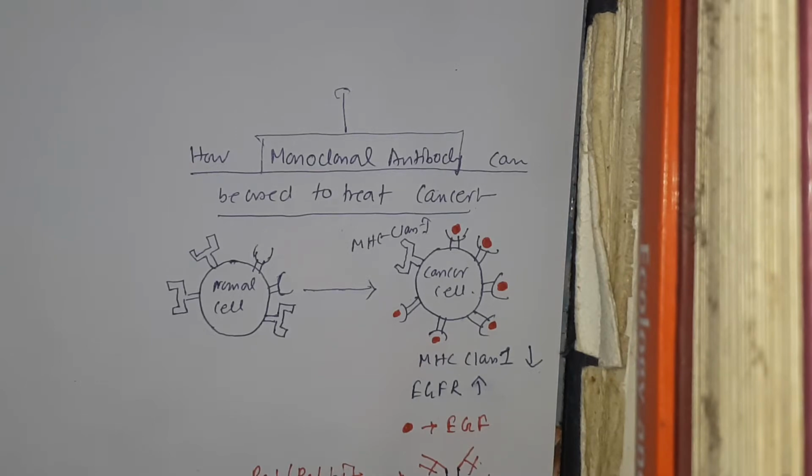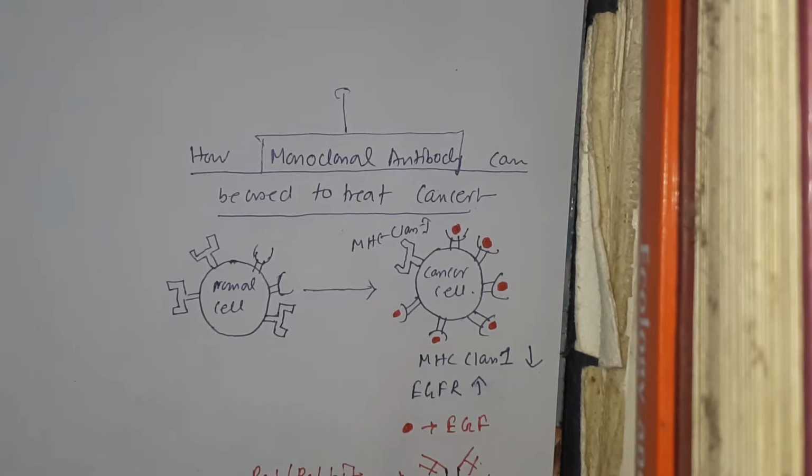We have also applied B7 ligand in the melanoma cell, so that it can express B7 proteins, which have the ability to provide the co-stimulatory signal. In that way, we are generally focusing on augmenting our own immune response to fight against cancer, right?